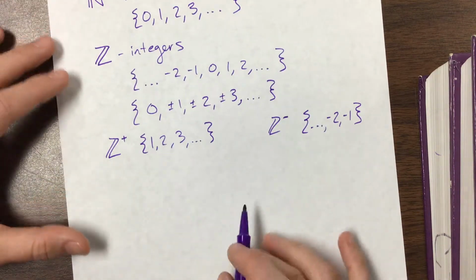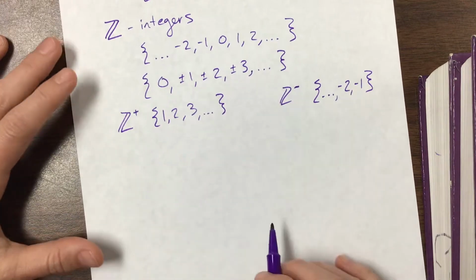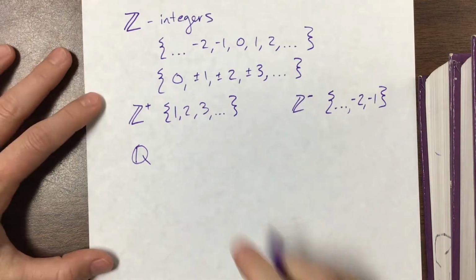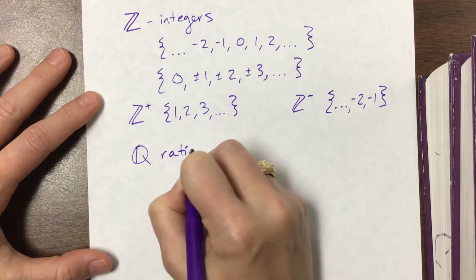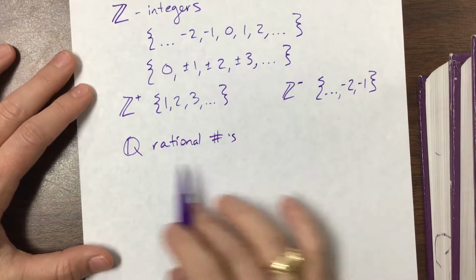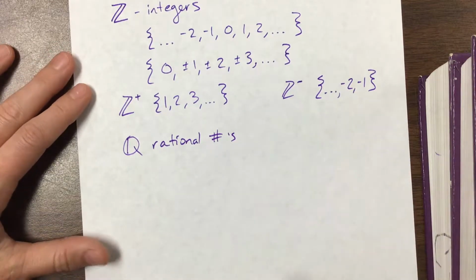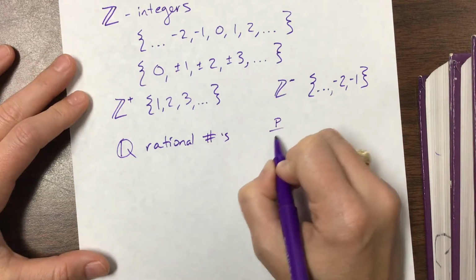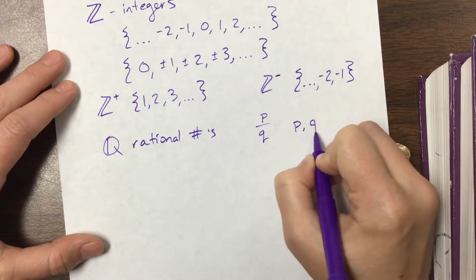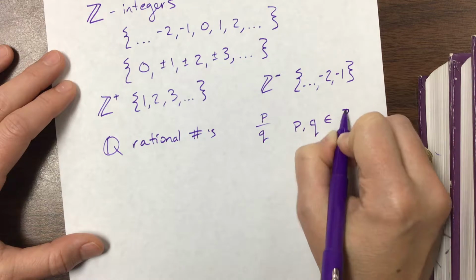The next one are the rational numbers, and we use a Q with an extra line to mean the rational numbers. Rational numbers are any number that can be written as a fraction. So anything where I can write p over q, where p and q are elements of the integers.